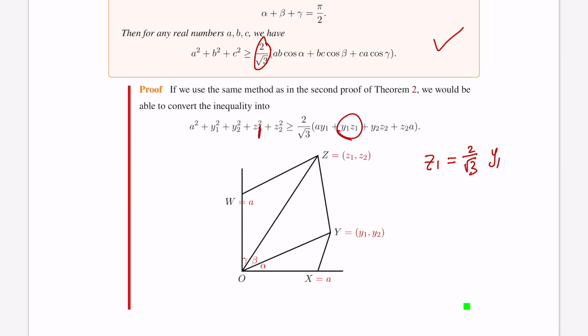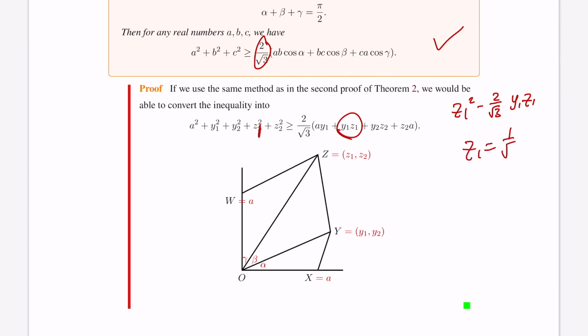So this is z1 squared minus 2 over square root 3 y1 z1, a quadratic inequality for z. This quadratic is minimum when z is equal to 1 over square root 3 y1. So if you can prove this minimal case, then for any other z the inequality should be true. And so z is equal to that.